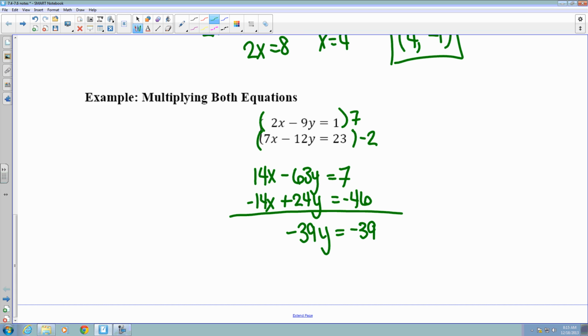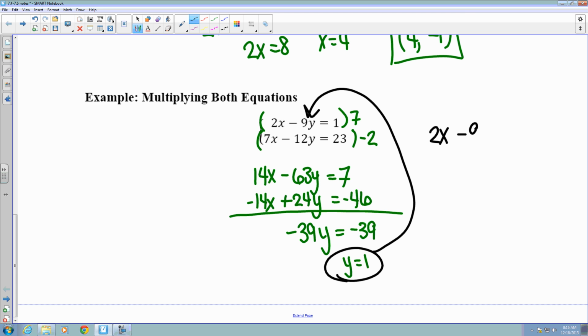So when I divide, my y is just 1. And then I'm going to substitute that y into my top original. So my point is 5, 1.